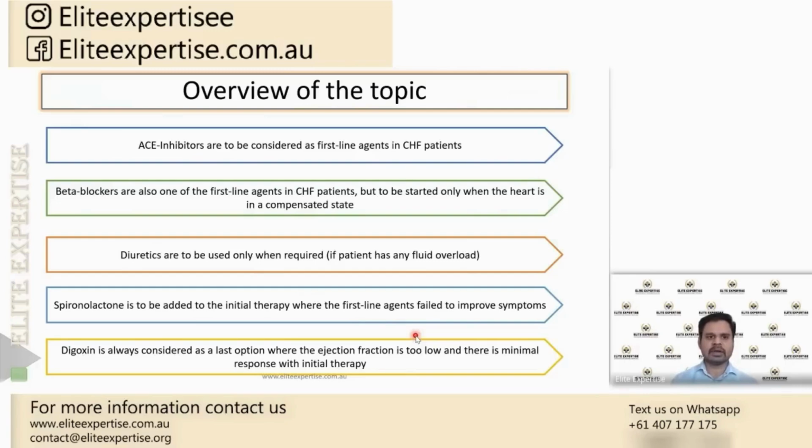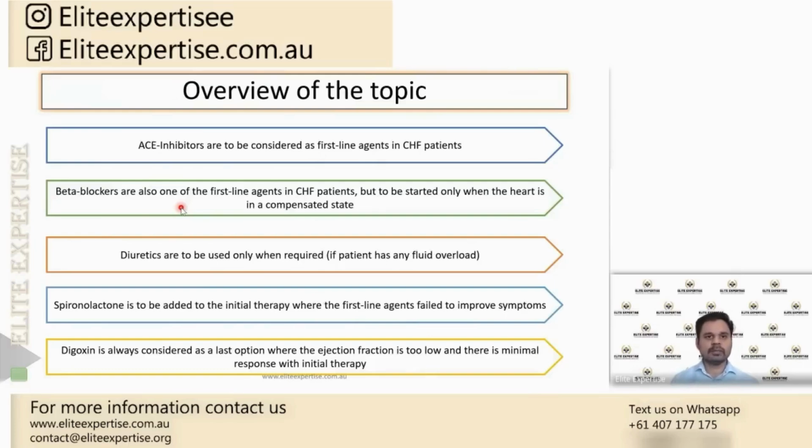If ACE inhibitors are contraindicated, then we can give ARBs. But ACE inhibitors or ARBs are considered as first-line agents. And along with ACE inhibitors, we must also give beta blockers to the patient. Always we must combine beta blockers with ACE inhibitors.